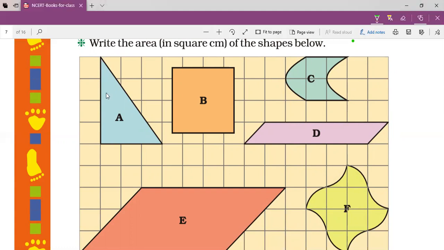If you see the triangle, first of all, draw the grid lines. You'll understand very easily when you draw the grid lines in that shape. Okay, so this is the grid of this. Now if we draw a rectangle over here, completing that triangle, you can observe this triangle is half of that rectangle.